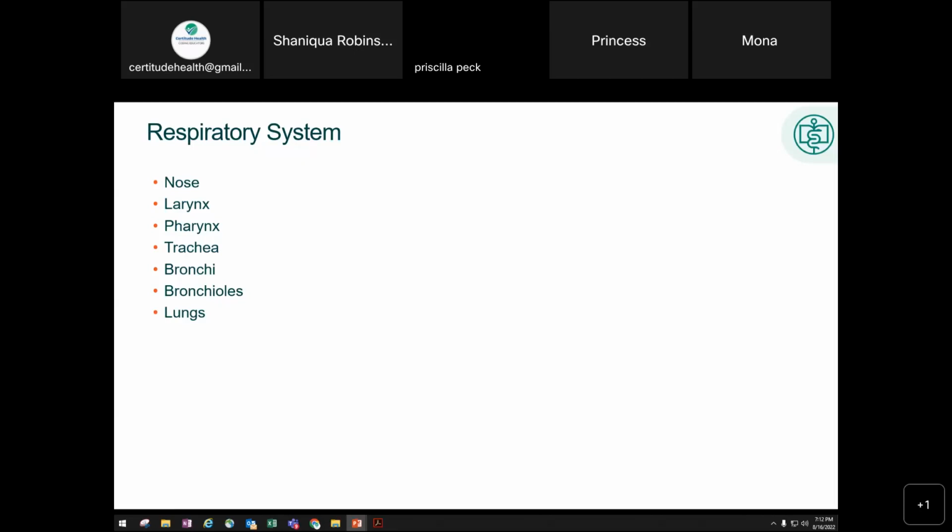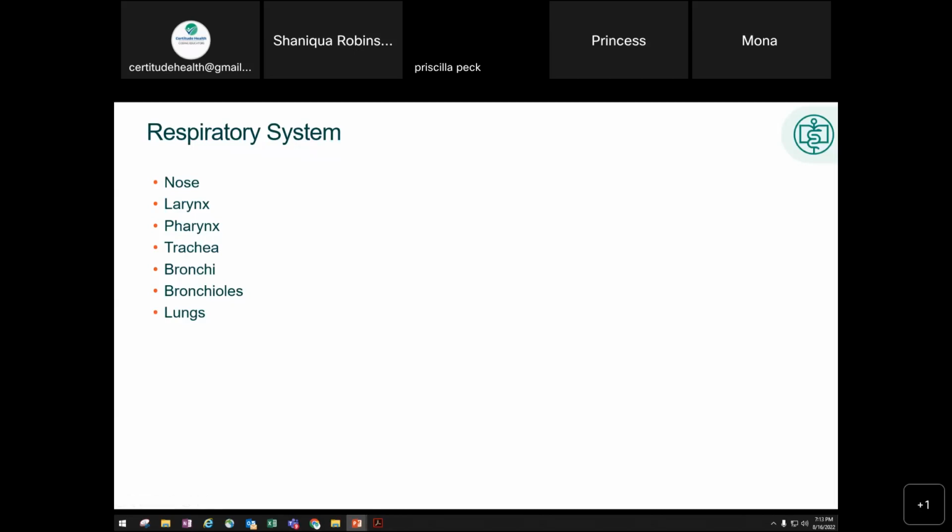These cavities contain fine hairs that are trapping large inhaled particles and serving as our first line of defense against harmful environmental pathogens. Y'all ever heard the saying that you should not remove your nose hair? That's the purpose of our nose hair, is to catch debris.